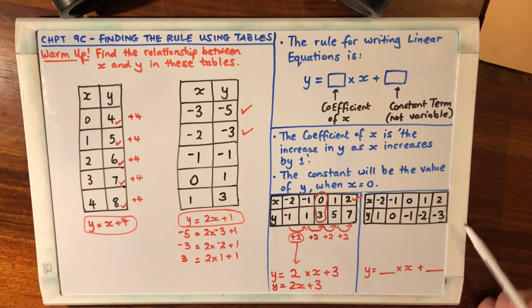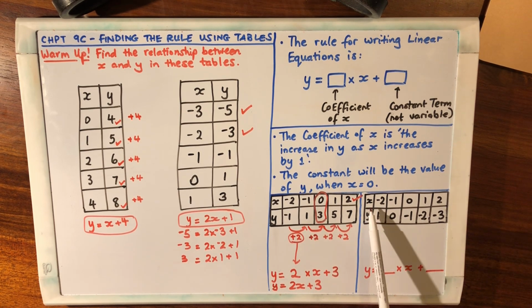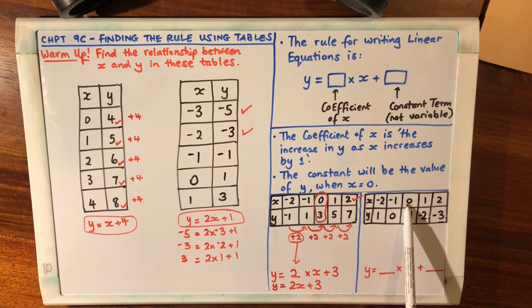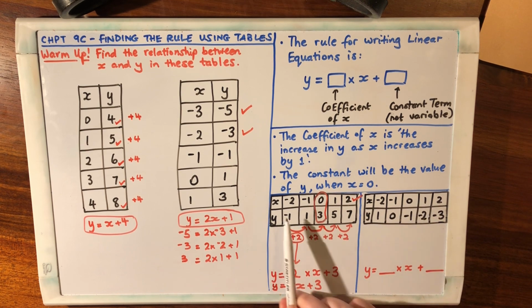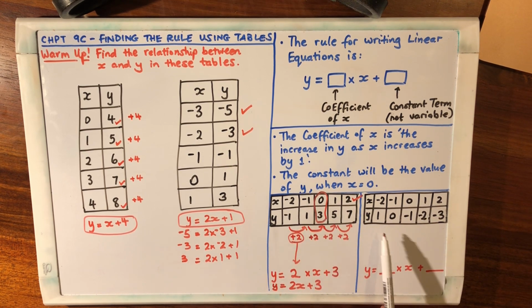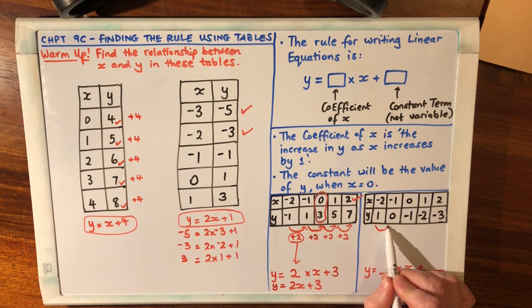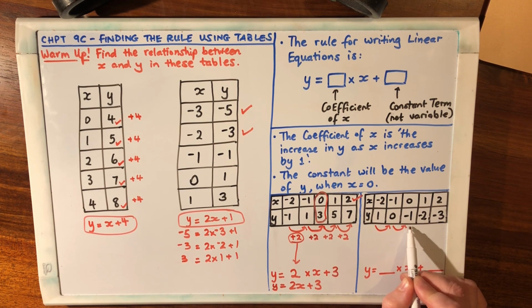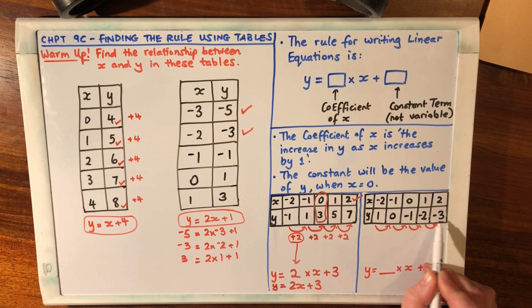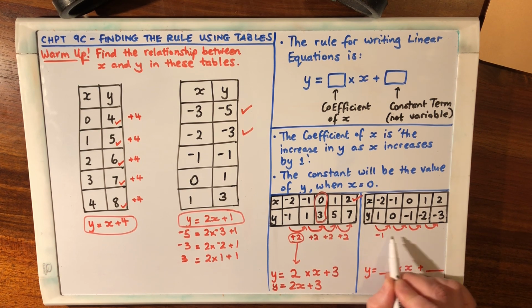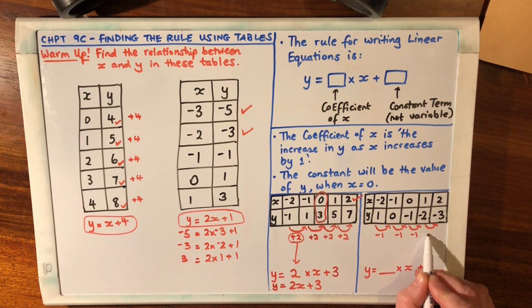Let's look at this one here. Here I've got x, and we can see the pattern of the x's. They are also increasing by 1 each time, just like this table here. So what's the pattern of the y's? What's happening here with the y's? Each time we are decreasing, by 1 this time, every single time.